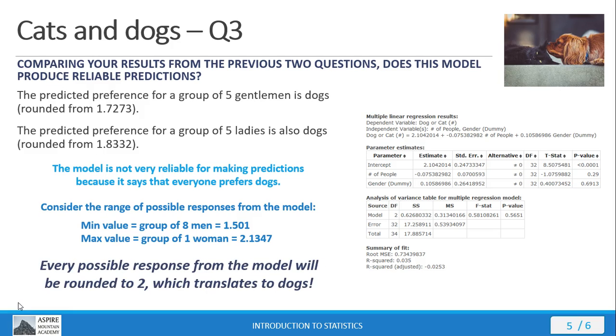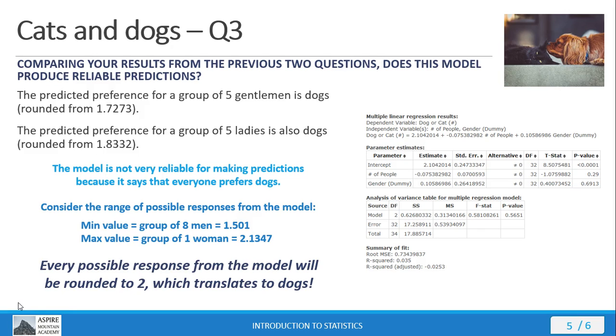Every possible response is dogs. I mean, how realistic is that? Come on. Cat lovers of the world, unite. We're going to go on strike against the people that made this model because it's patently unfair. It's also a very bad model because it's just telling you the same thing. Now, I'd be saying the same thing if this model was predicting cats.